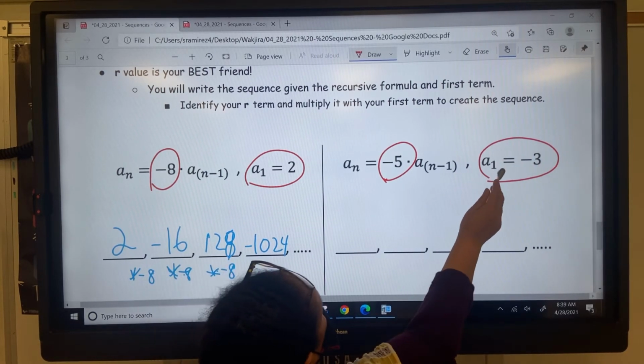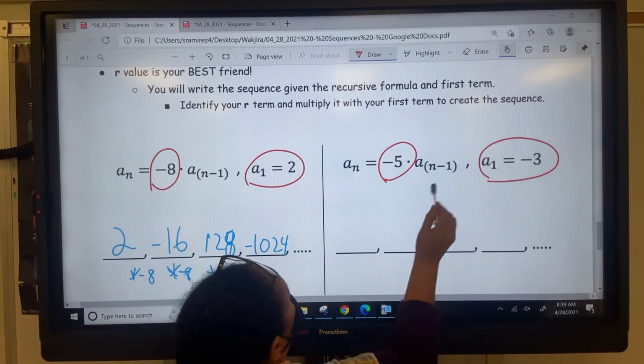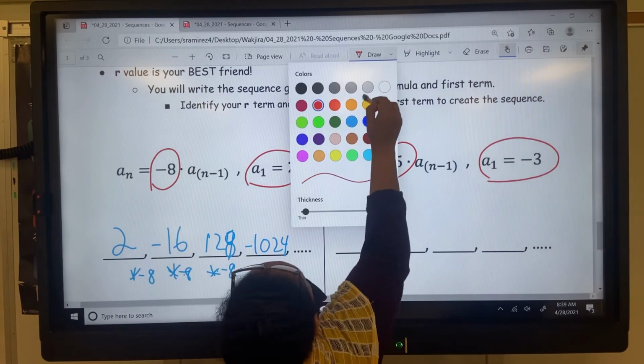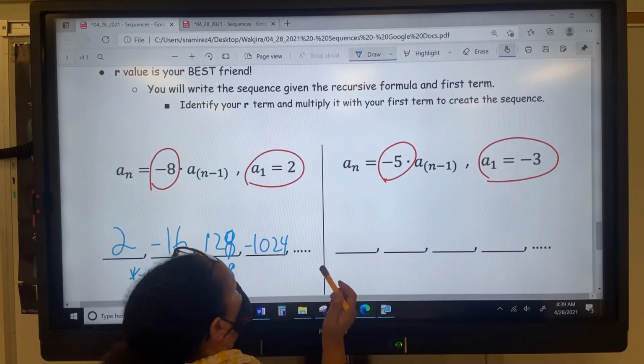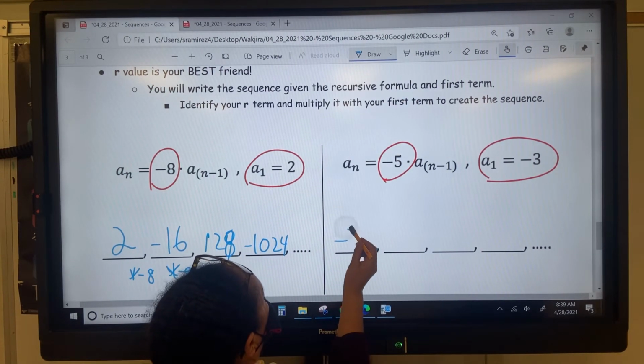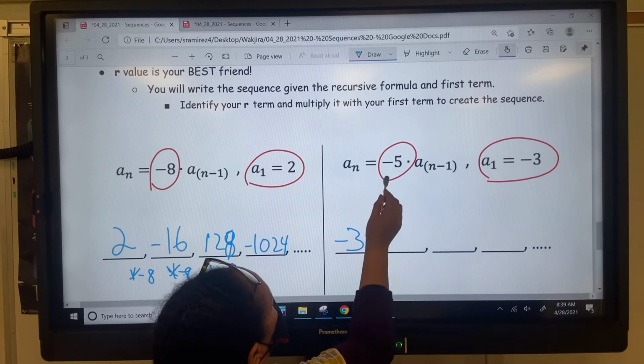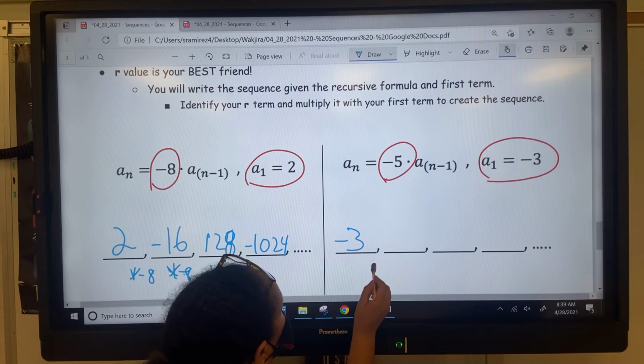So we have our first sequence, that is minus 3. We have to write it down here. Minus 3, our first sequence. When we multiply that by R, that is minus 5.